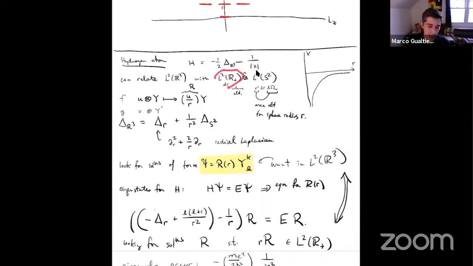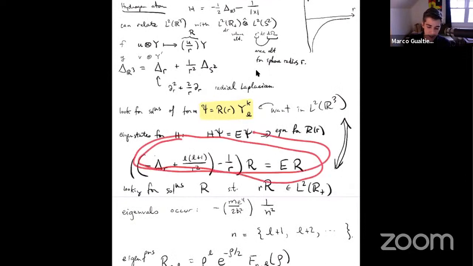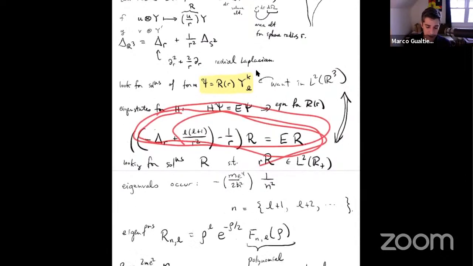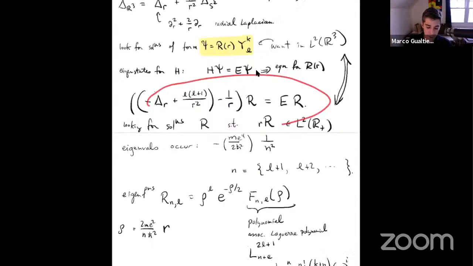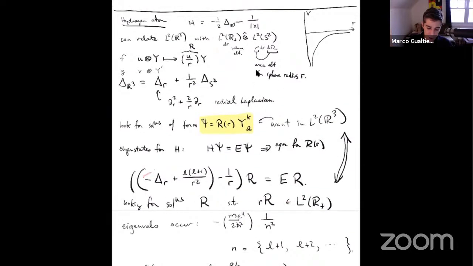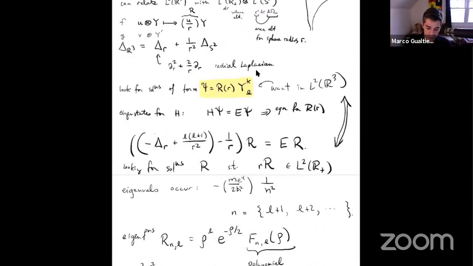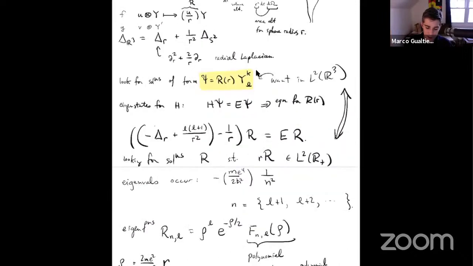But there's also this radial aspect, the way that the electron behaves in the radial fashion, and that's controlled by this ordinary differential equation in one variable. This is something that you would have studied in ODE class, and I just stated the result. In order to find a solution that is useful to us, we need the solution multiplied by r, the coordinate function on this r plus, to be an L2.